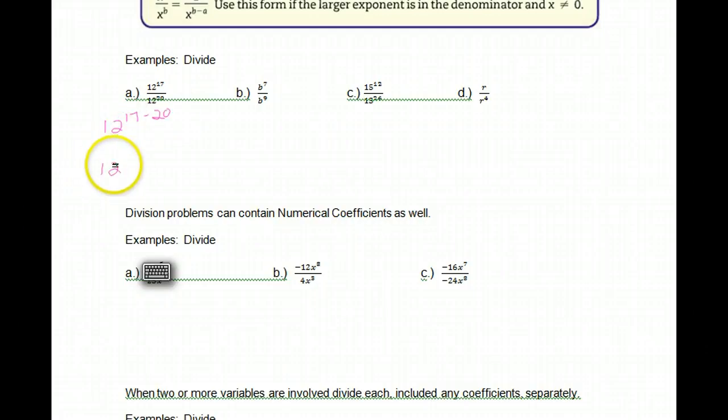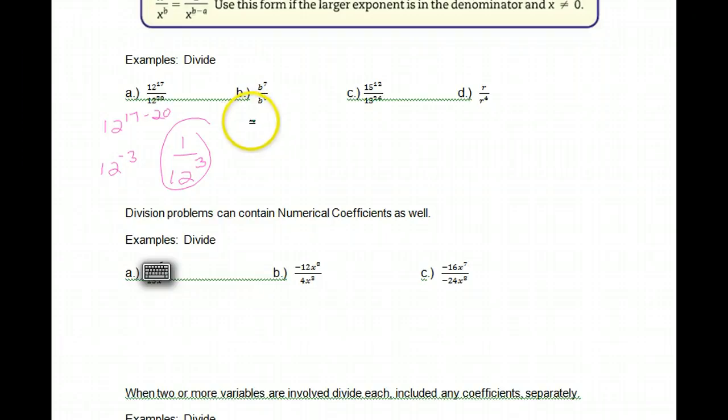And I would get a negative exponent. But I recognize that a negative exponent is unsimplified. And I know that that has to be simplified by making it a fraction with a 1 in the denominator. So I would automatically write that as 1 over 12 cubed, which is exactly the same answer that we had before.